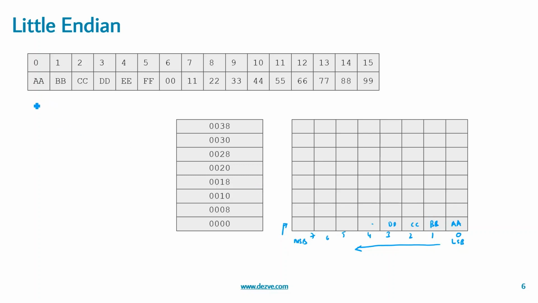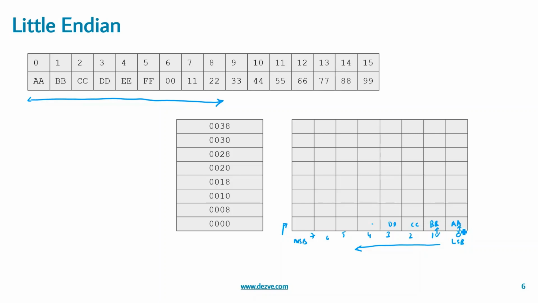When I'm accessing from here to here, the entire data would be however I stored it in the memory, and after I retrieve it, I will see it in this format. I know that byte 0 is this, byte 1 is this, byte 2 is this, because only in the storing into memory is byte 0 here or byte 0 there. But the association of data with byte 0 is always the same: byte 0 with AA, byte 1 with BB.